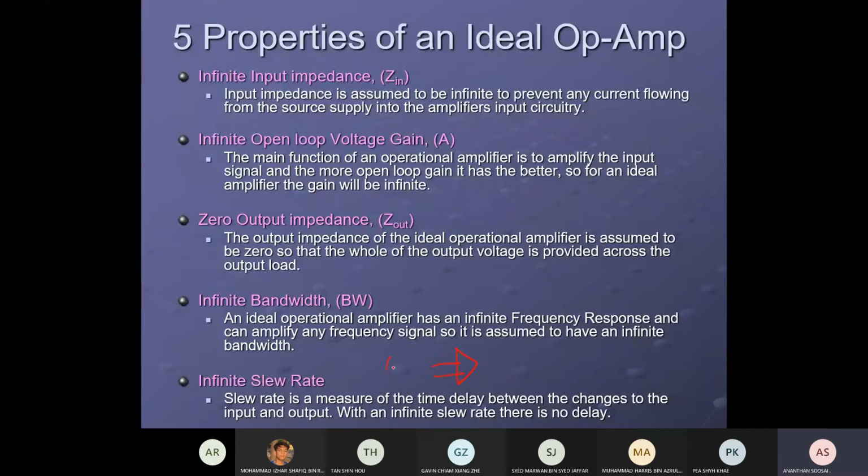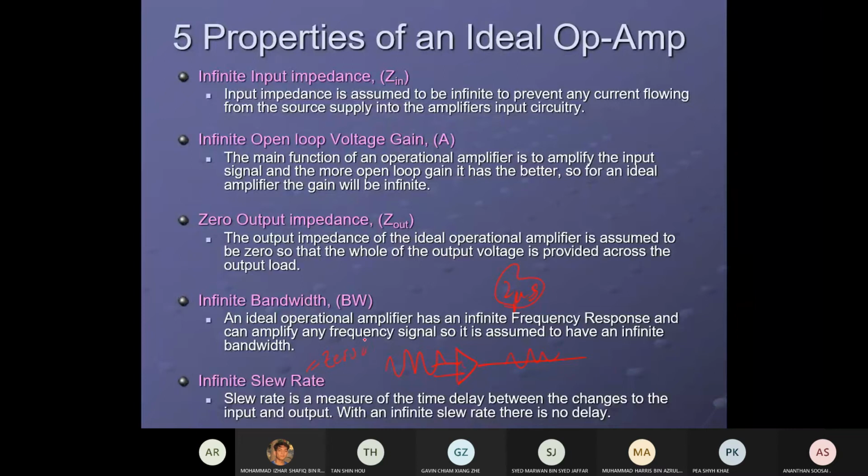You send a signal, don't think the signal is going to come out immediately. It might take maybe 2 microseconds. So the 2 microseconds, maybe that's the processing time, because you need to pass through all the components until the output comes out. Reasonably small, 2 microseconds. So slew rate means the delay. How much is the delay? Infinite slew rate means zero delay.